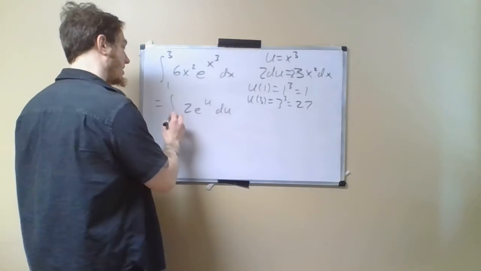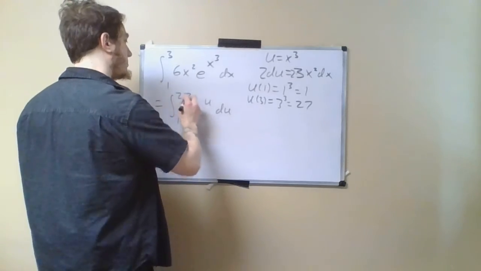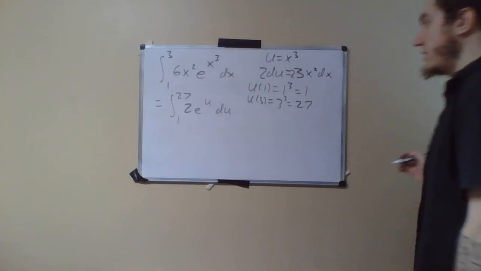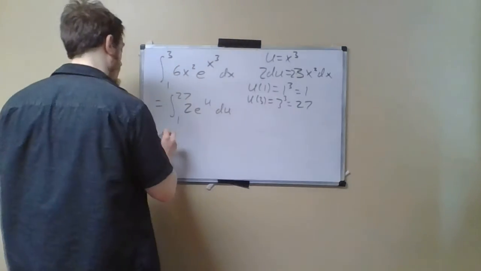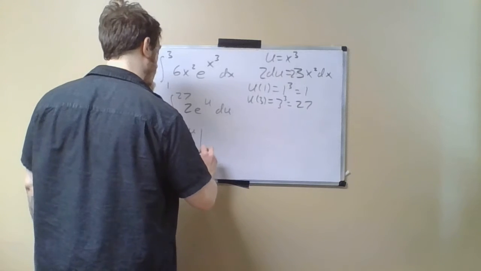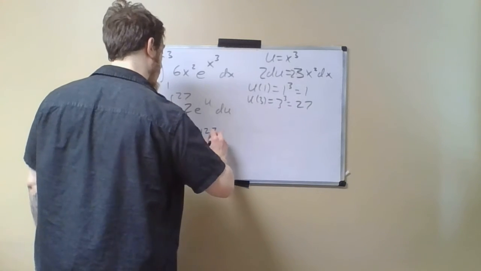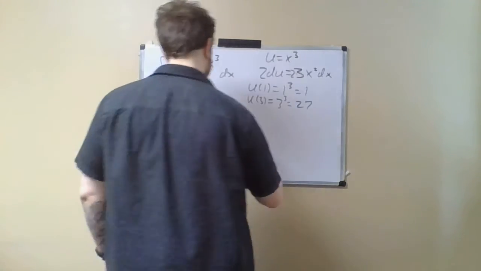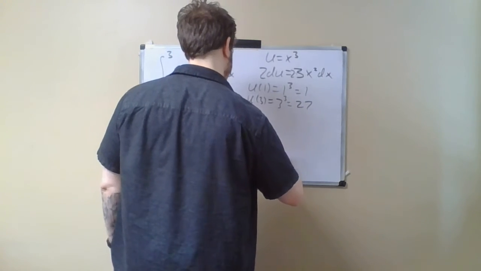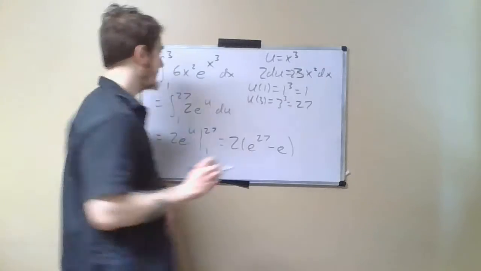So this is going to be the integral from 1 up to 27. And those are our new bounds. Now, this is just going to become 2e to the u, evaluated between 1 and 27. So that's going to be 2 times e to the 27 minus e.